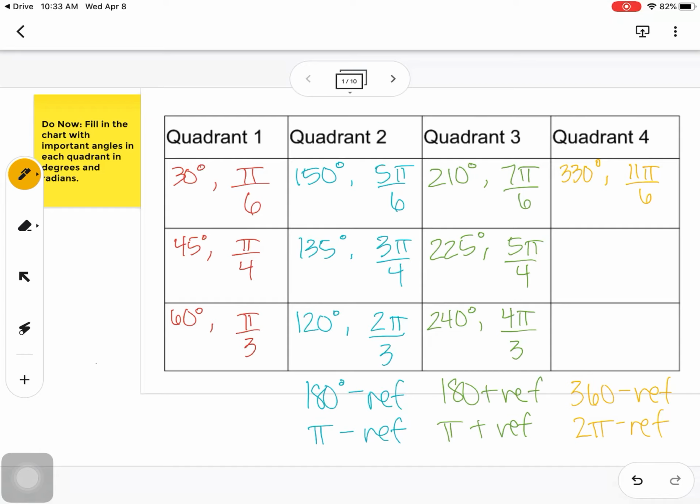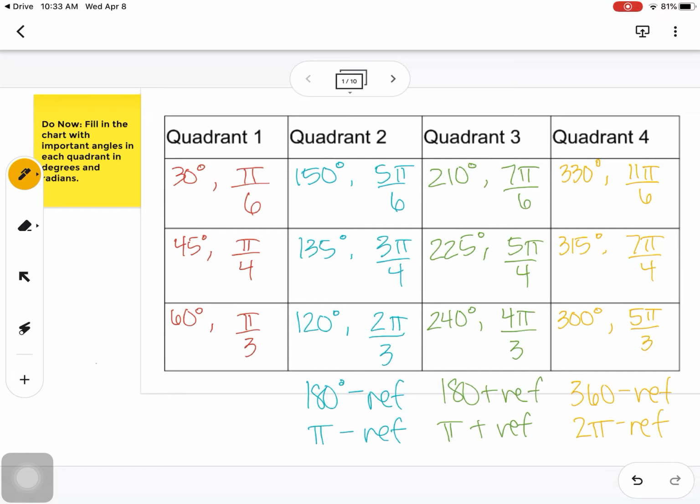For quadrant 4, 360 minus 45 is 315. And 8 pi over 4 minus pi over 4 is 7 pi over 4. And then last but not least, 360 minus 60 gives you 300. And 6 pi over 3 minus pi over 3 gives you 5 pi over 3.